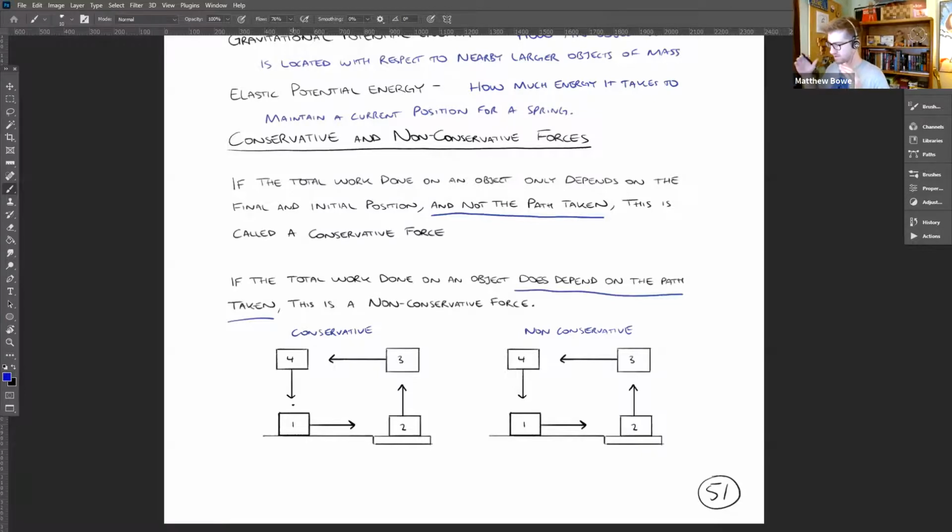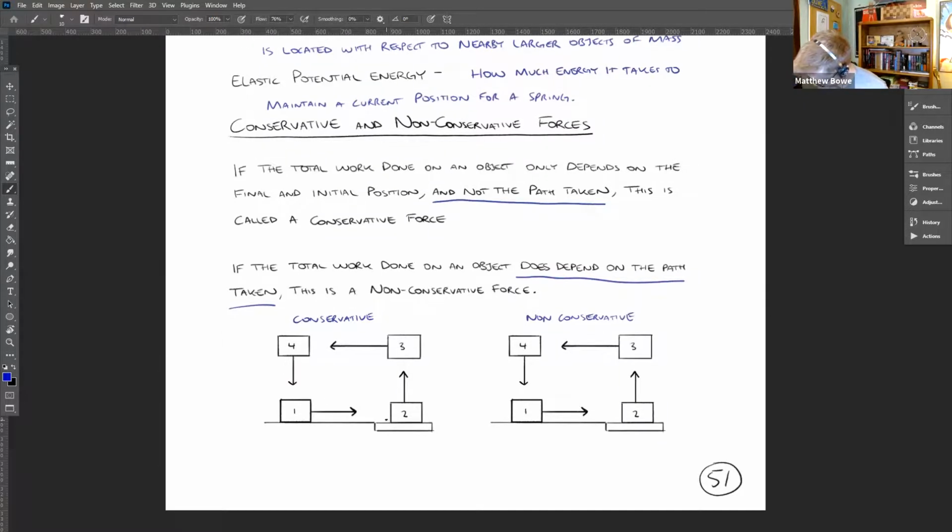So from that small observation, if I look at the final position and initial position, and the energy amount is the same, that's a conservative force. Let me clarify with this.